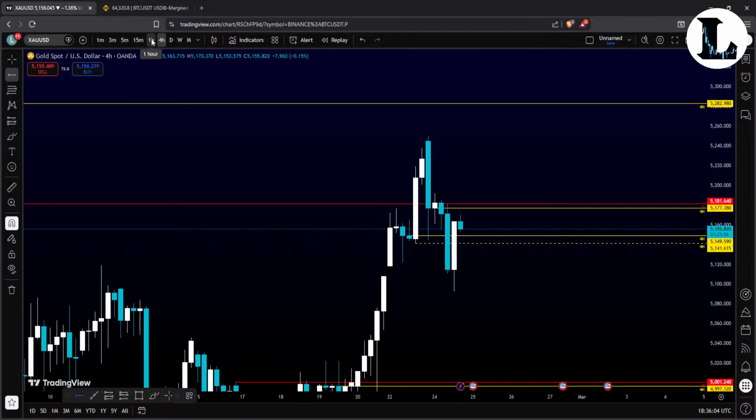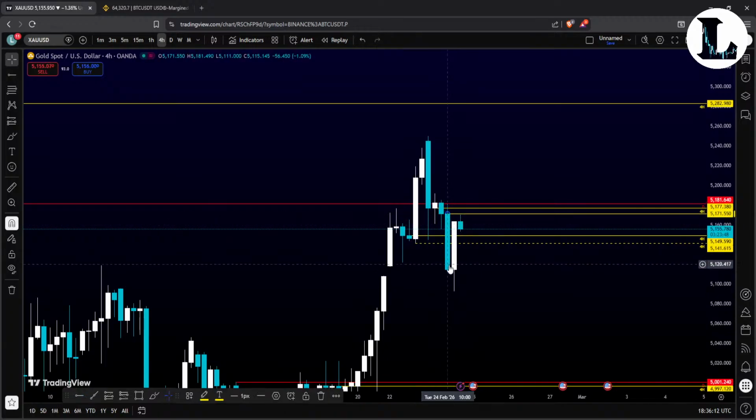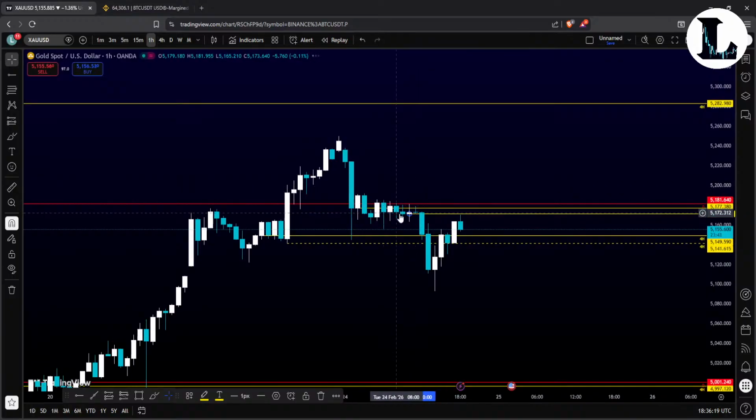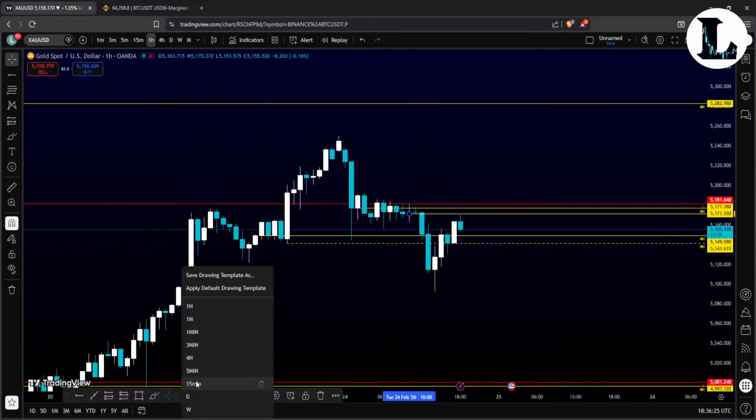Yeah, because we are kind of failing, at least for now, to make this 4-hour a big support. Let me go to the 1-hour actually. It is the same level, as you can see. So big resistance at the moment on a 1-hour.